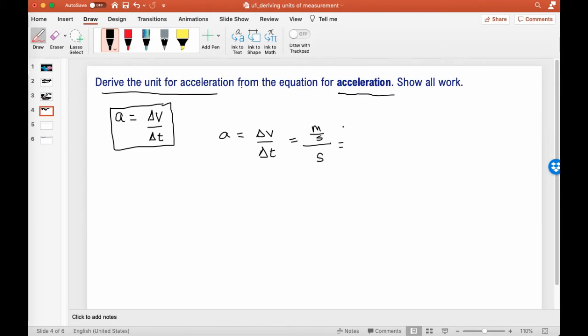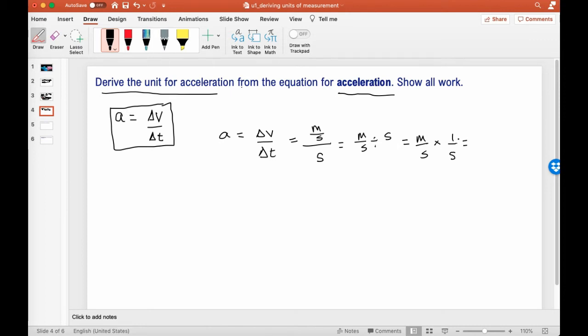So we've got meters per second divided by seconds. As we've discussed, whenever you have it written out this way, you multiply by the reciprocal, so that would be 1 over s, because there's really a 1 over this.